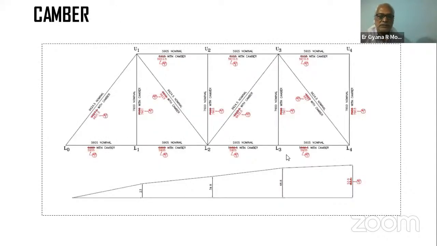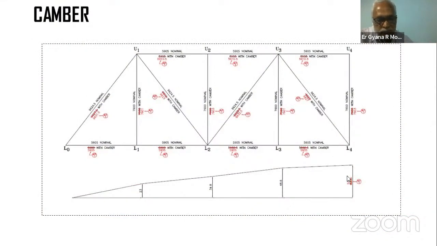Then this is the layout for the camber diagram of the 45.7 meter span. There are two types of layout, two types of markings. One is called a nominal layout and one is called a camber layout. What is the difference? The nominal layout is the layout of the girder as per the drawing. But at the bottom, we have the camber diagram, meaning it is supposed to achieve the camber at the center.